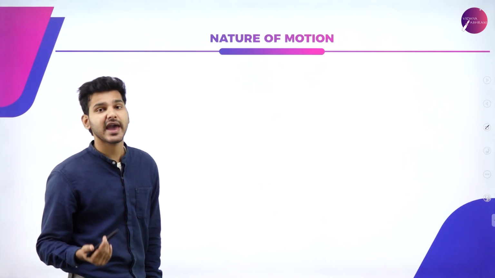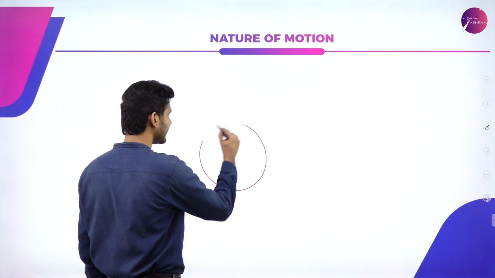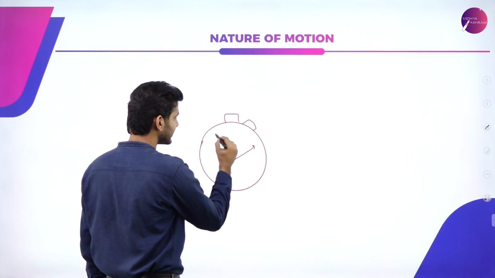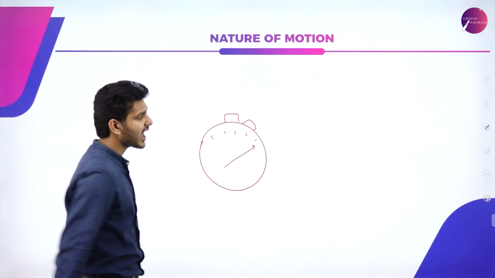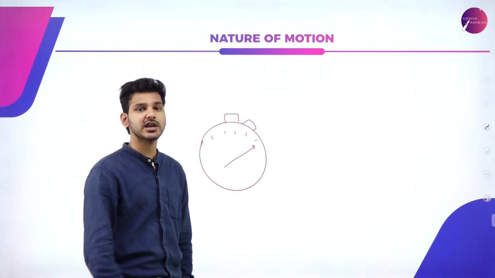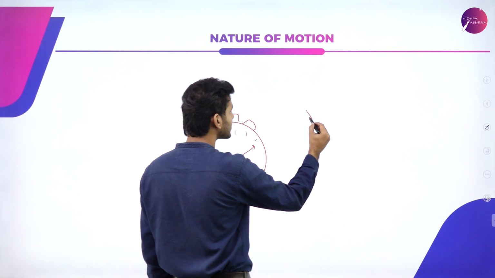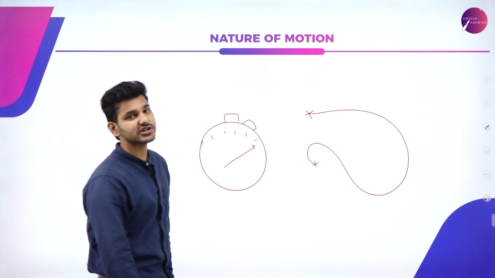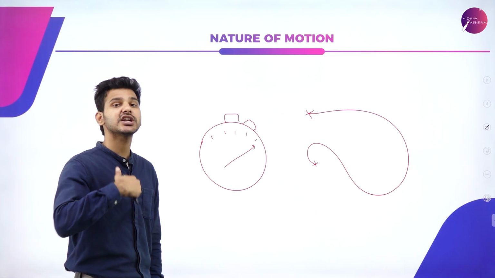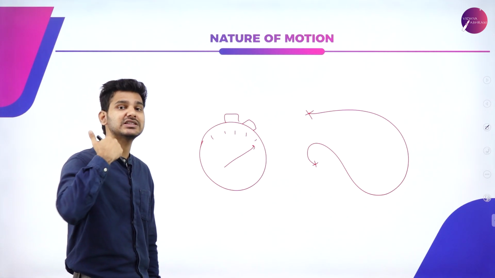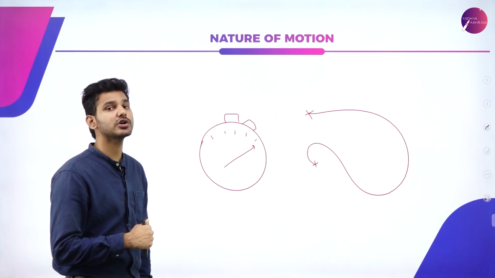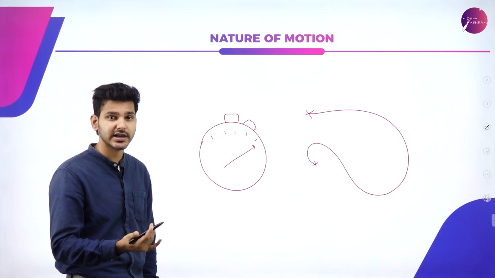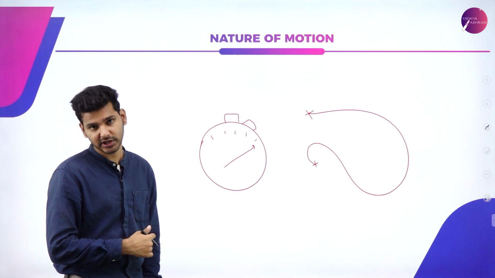That is, if I have a stopwatch, like this, and I am measuring the time taken for any object to complete a certain set path, and I am measuring its acceleration, its velocity, its displacement, and I want to plot it down. So what we use is actually graphical data to understand the nature of that progression.